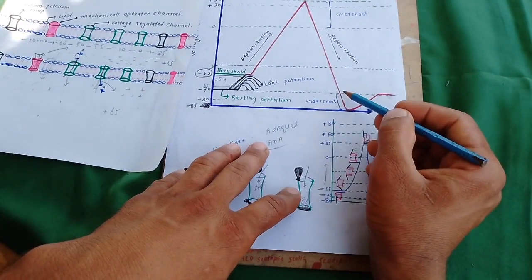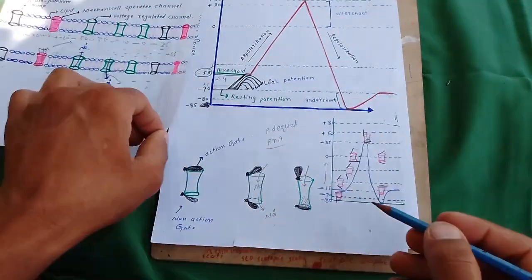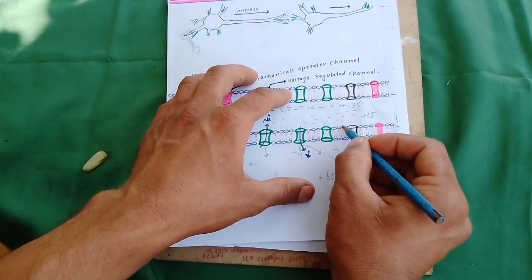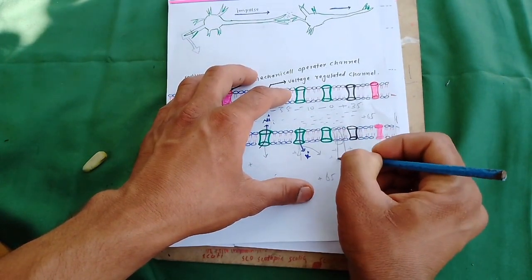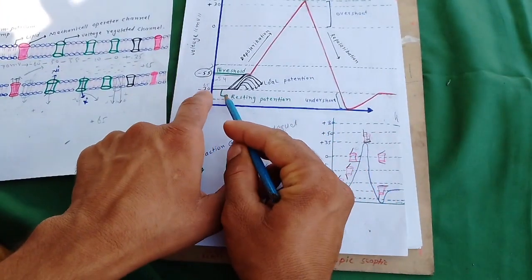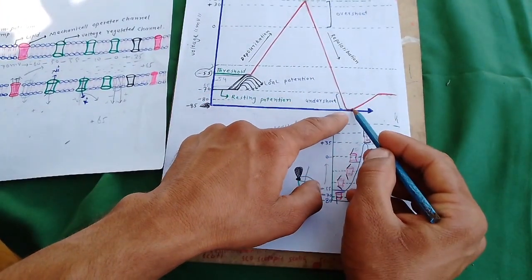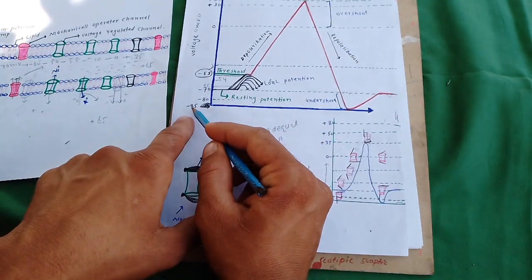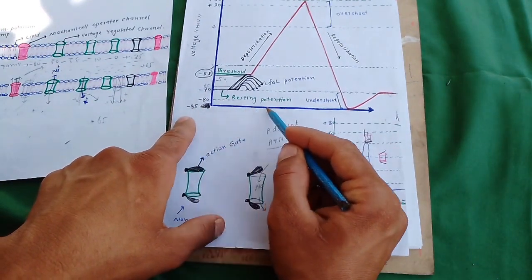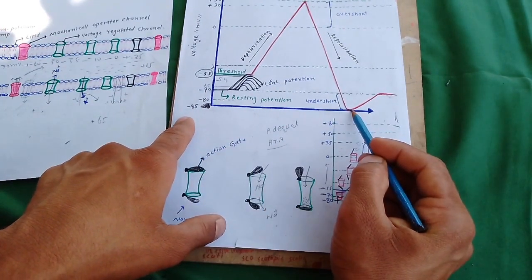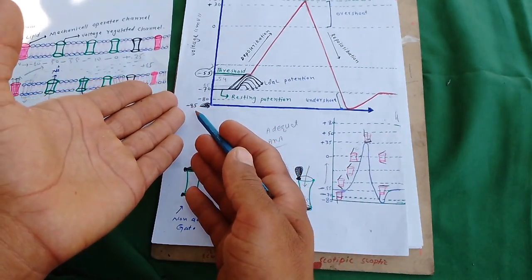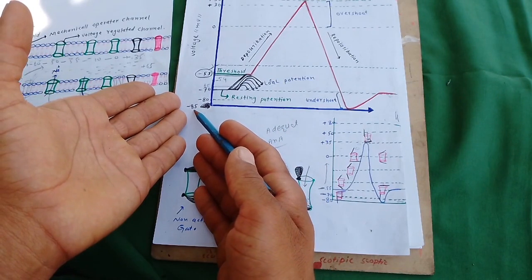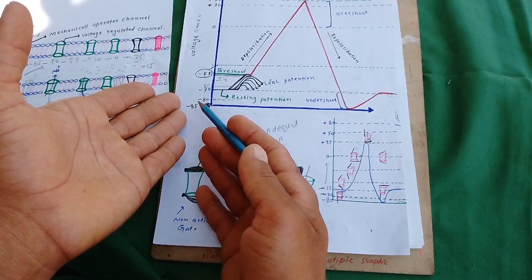Instead of minus 70 millivolt, more potassium goes outward. There is an additional channel through which additional potassium goes outward. So instead of minus 70 millivolt, it obtains minus 85 millivolt. Why does this phenomenon occur? Because the equilibrium potential for potassium is minus 85 millivolt.